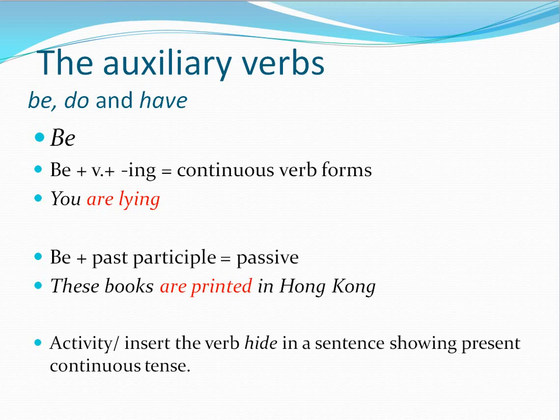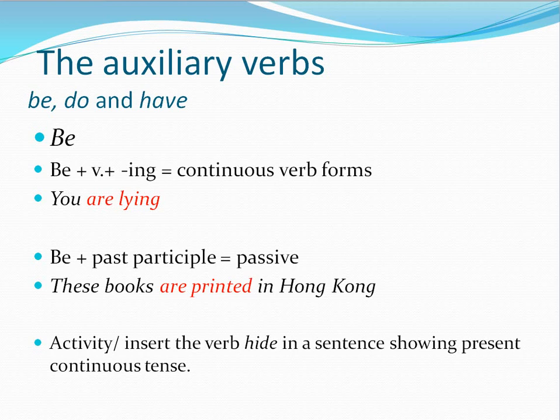Be includes is and are, was and were. It can be used to form continuous verb forms. How is that? For example, to form present continuous, we should put the subject plus is or are plus verb plus ing.